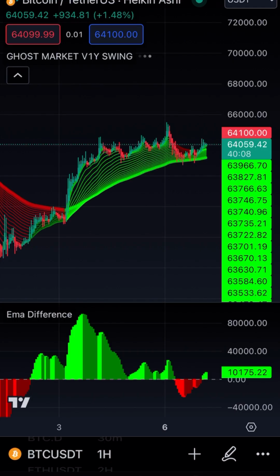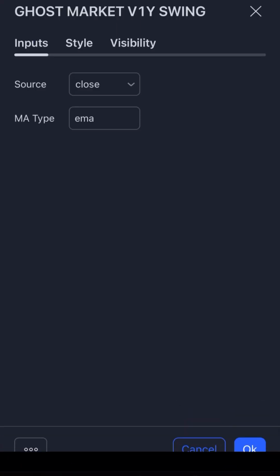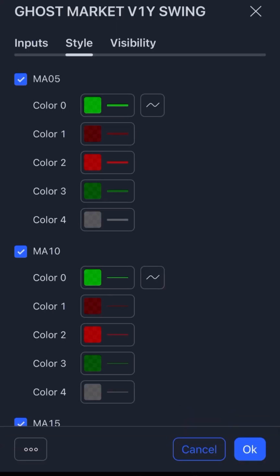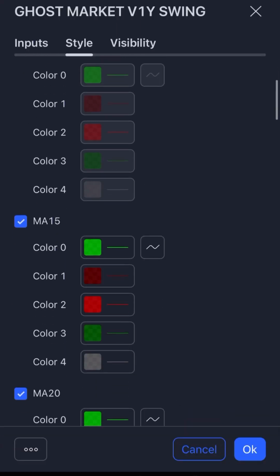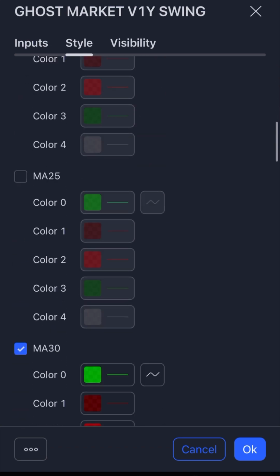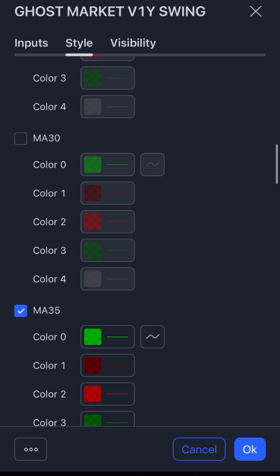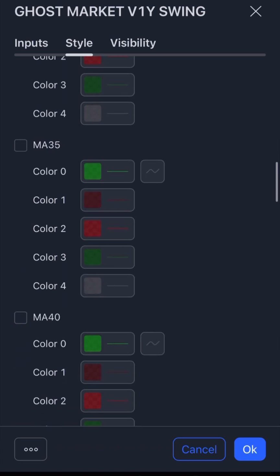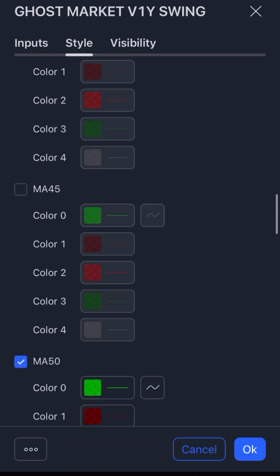If you don't have Ghost Market Pro, all you have to do is check everything off until the last two.